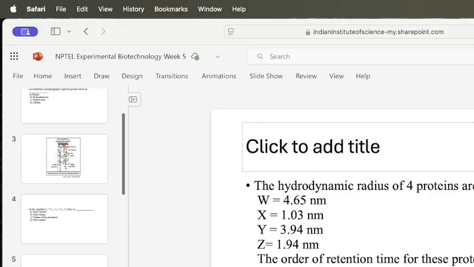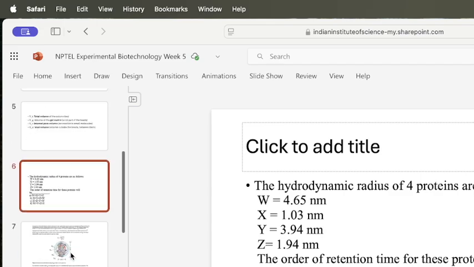So the protein that would have the highest retention time, which means it will elute the last, will be the smallest, and so on. So the one with the smallest hydrodynamic radius, which is the smallest protein, is X, followed by Z, followed by Y, followed by W. So that is option C here. I hope this was clear.